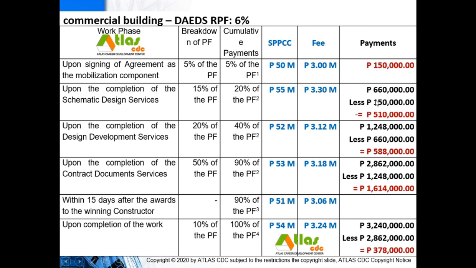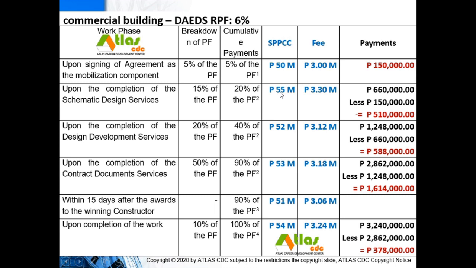Now, upon completing the schematic design services, you must have a total of 20% of your professional fee based on the SPPCC computed at that particular stage. So let's say the estimate became 55 million for the construction cost.